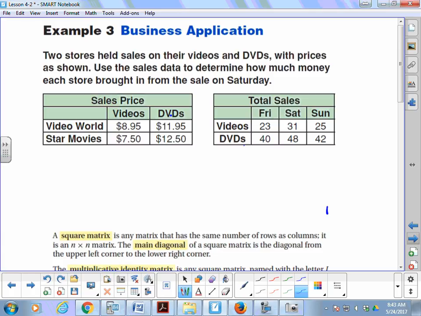All right. So we're going to make this matrix A, and this is going to be matrix B. We're going to use our calculator for this. And then we're going to talk about what they mean. So matrix A will be sales price, a 2 by 2. Matrix B, the total sales, will be a 2 by 3.